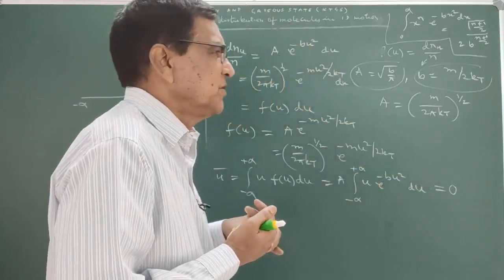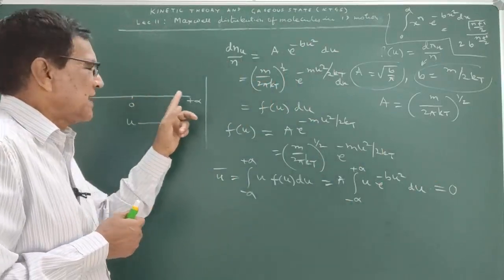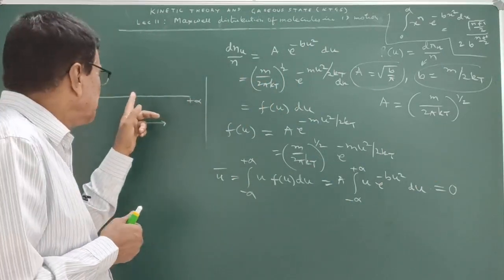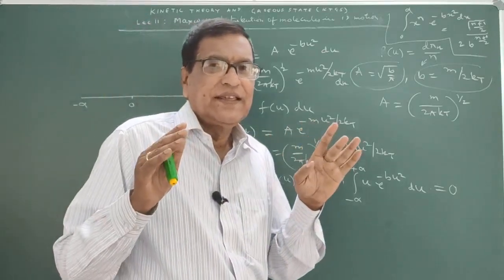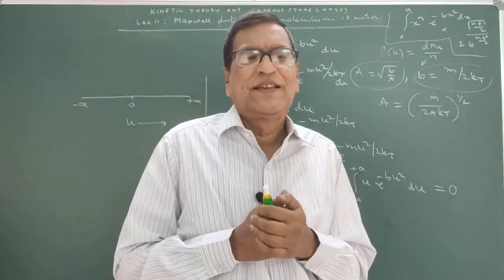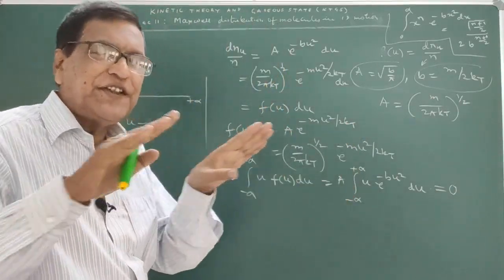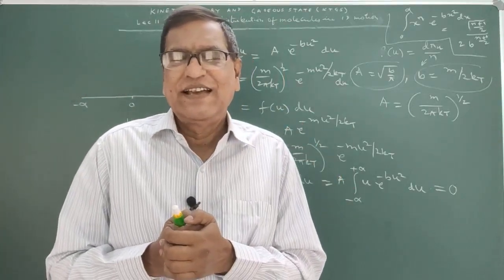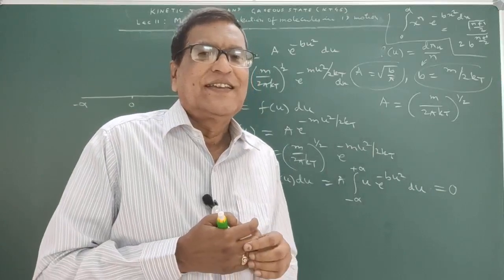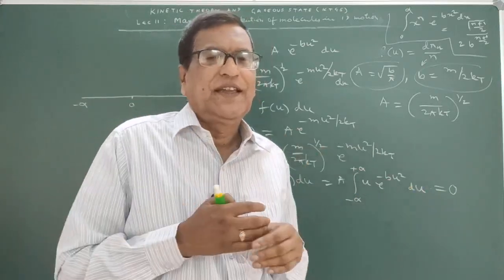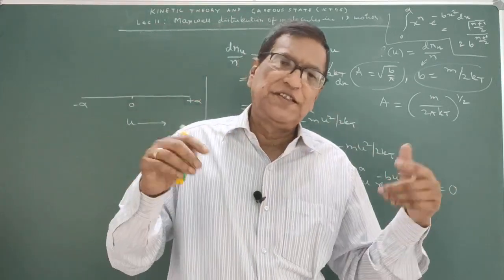Suppose the molecules had more probability to move 0 to plus infinity than 0 to minus infinity, then there would be a mass flow of the molecules along this 0 to plus infinity direction, and that will destroy the uniformity of this molecular distribution in this vessel.